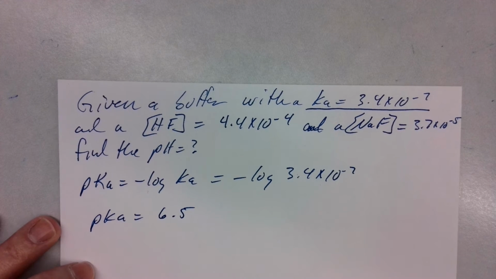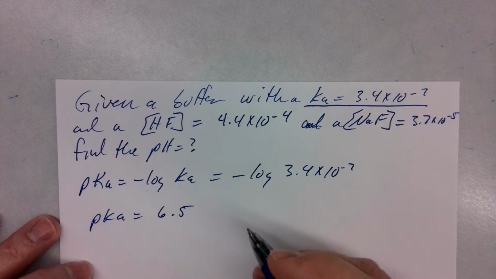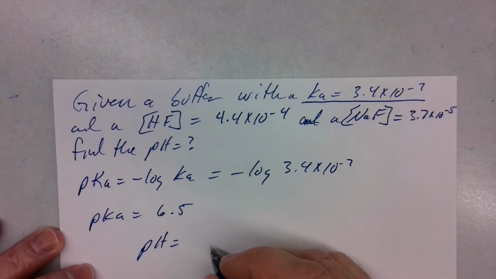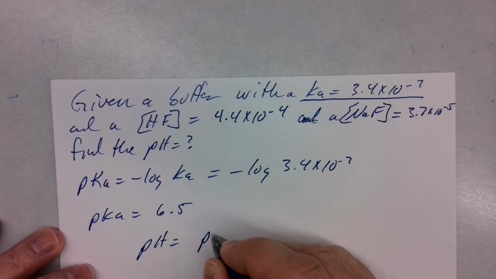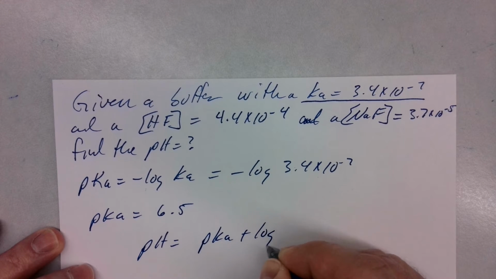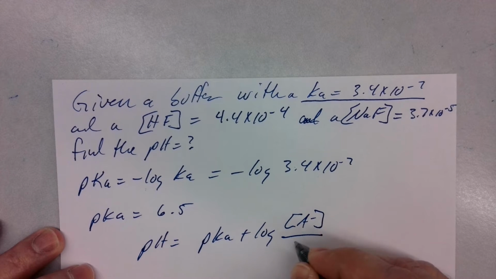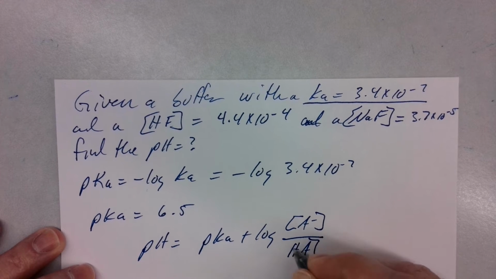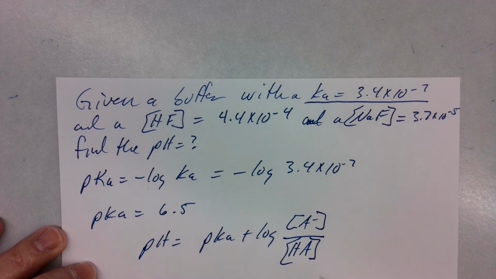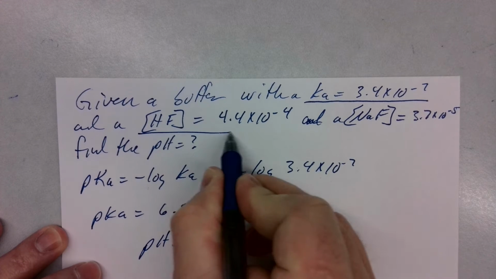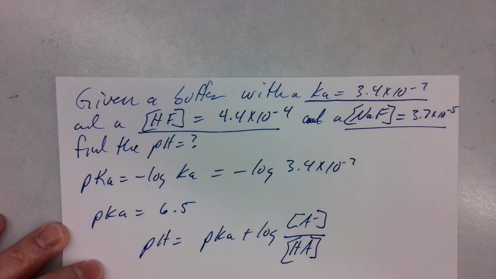6.5, right? Then I go back and I got to remember my pH equation. What's my pH equation? It's my pKa plus the log of A negative over HA, right? Now in this situation, I didn't give you these written just like this, did I? No. But you got to be able to figure out which one is which, right?